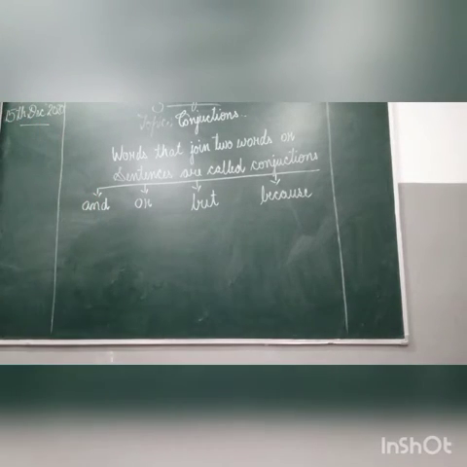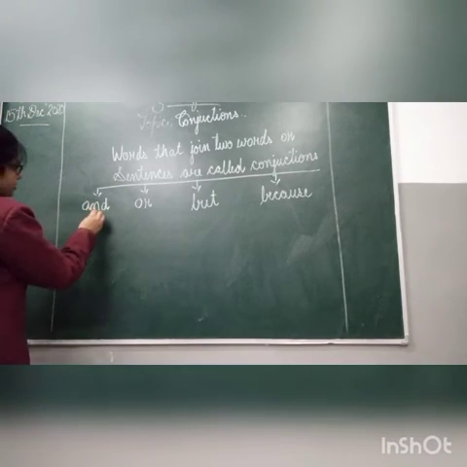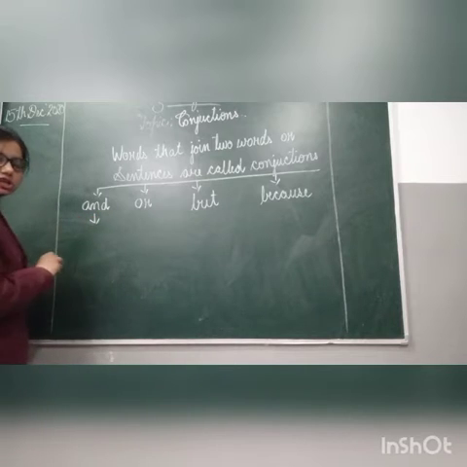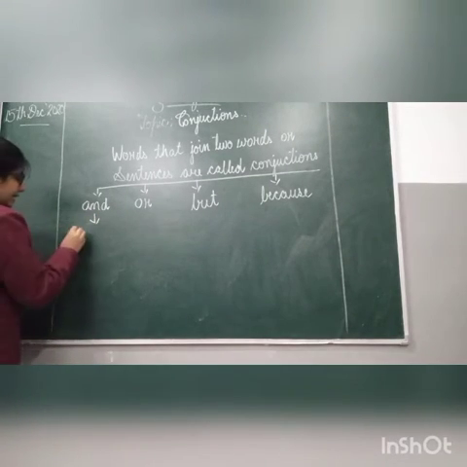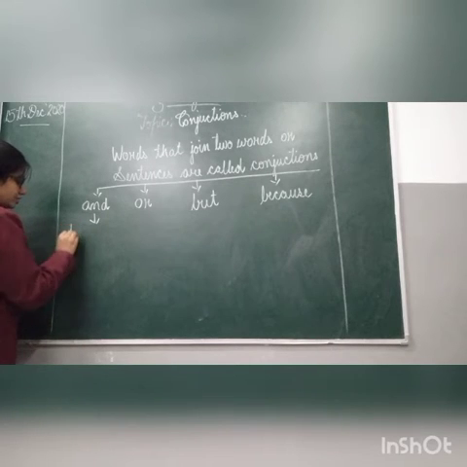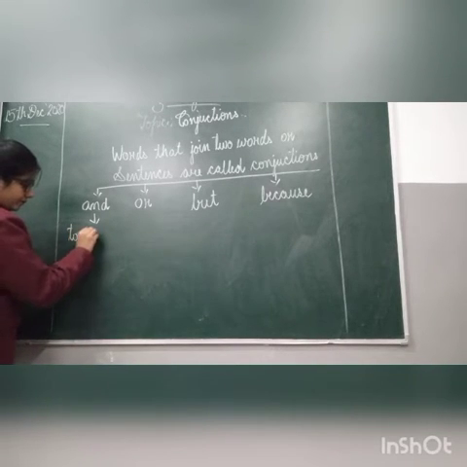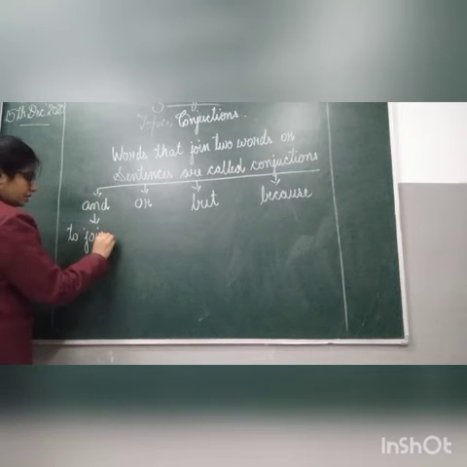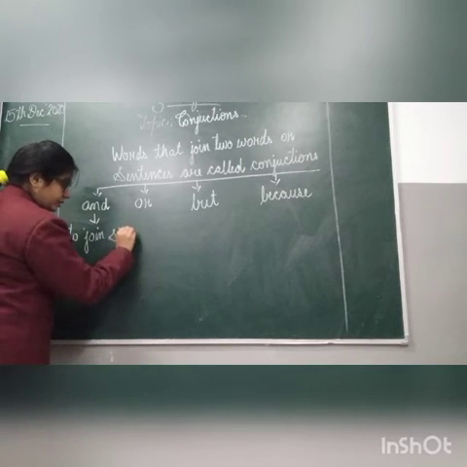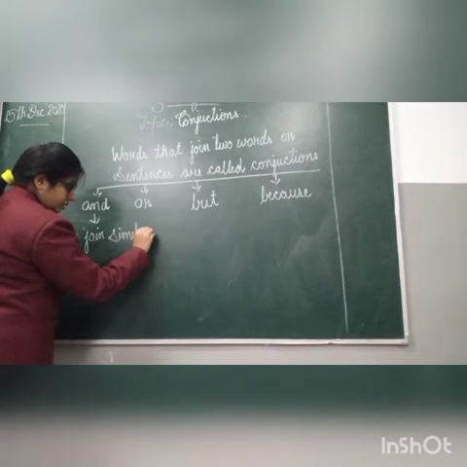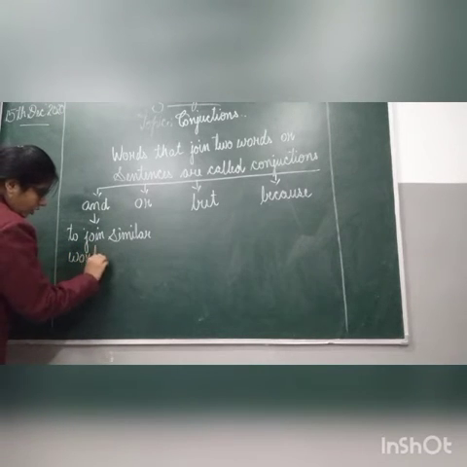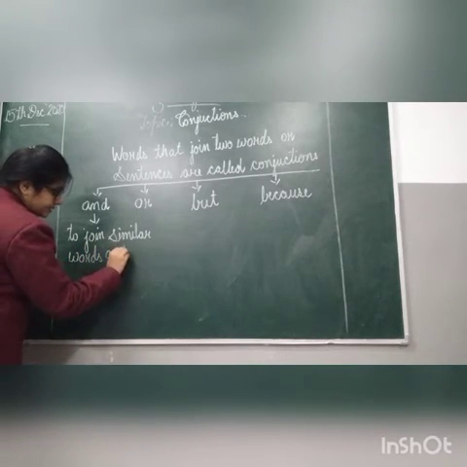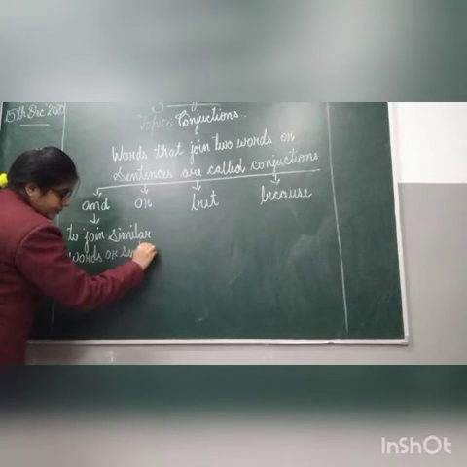So for and, we use and to join similar words or similar sentences. And is used to join similar words or sentences, right?